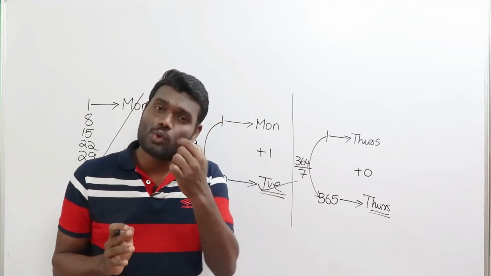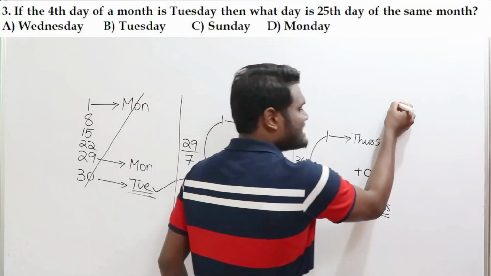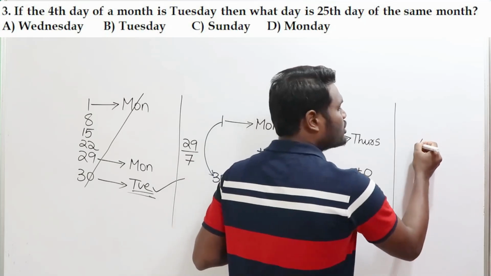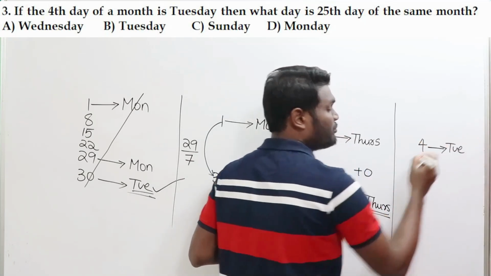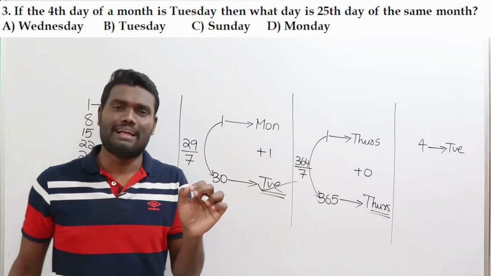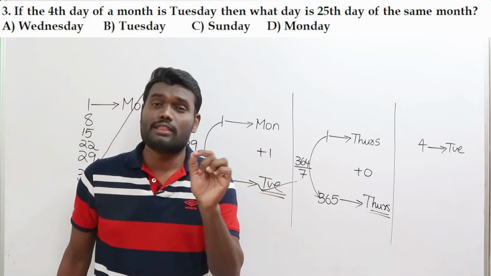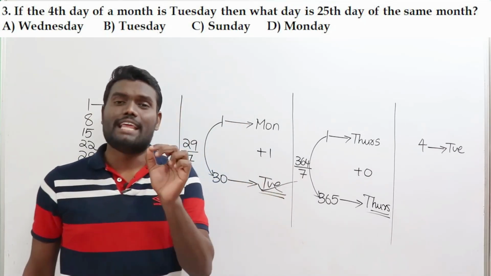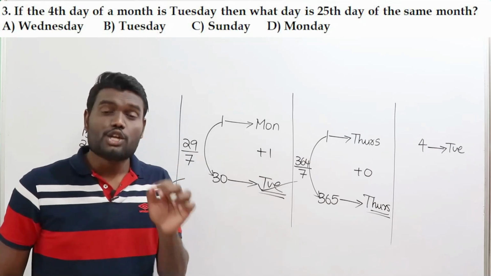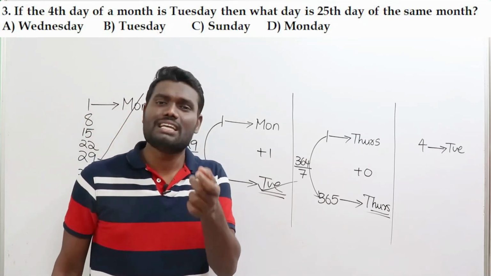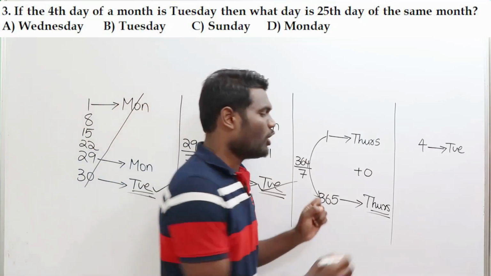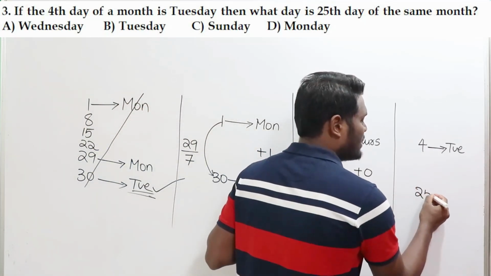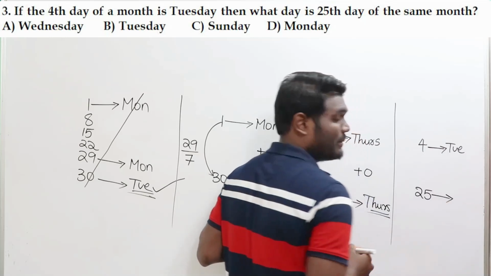Okay, let us look at one more example. Let us say, if the 4th day of a month is Tuesday, then what day is the 25th day of the same month?